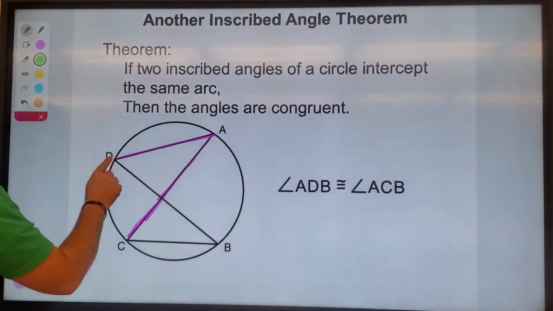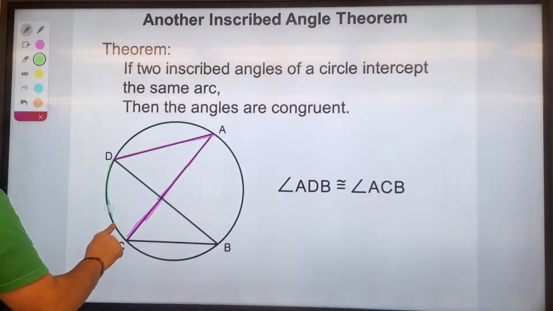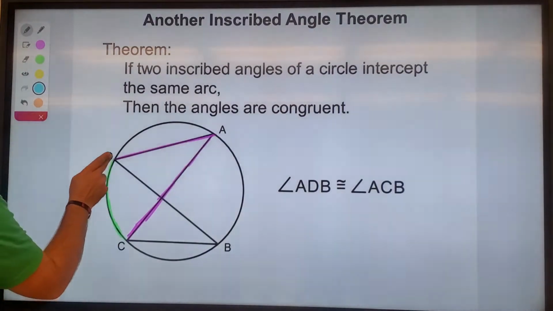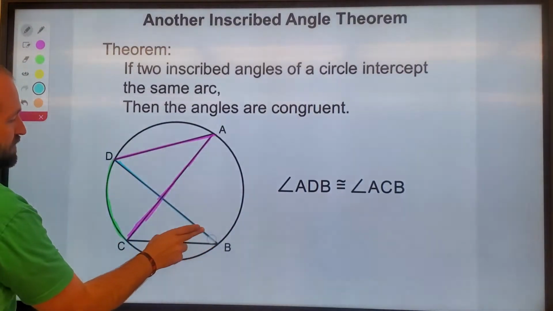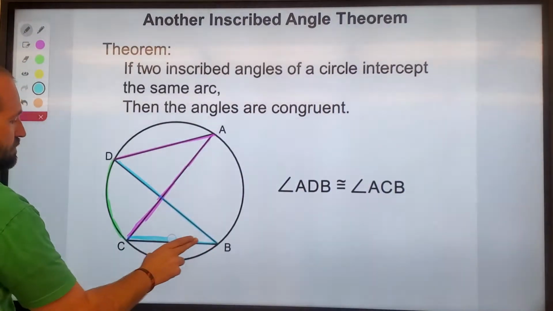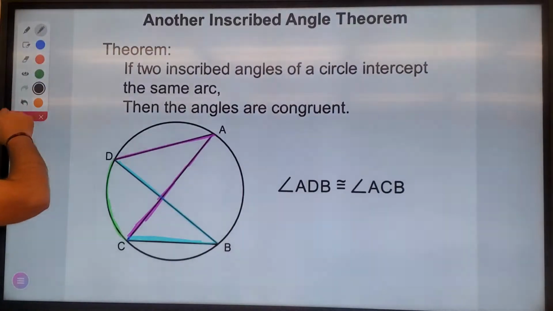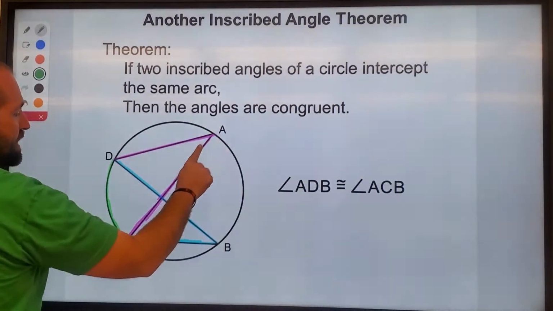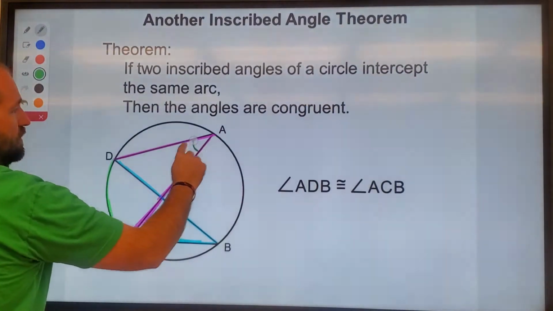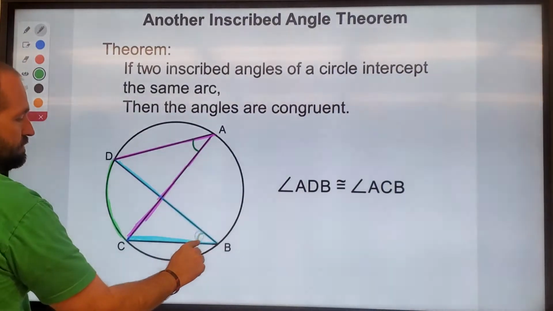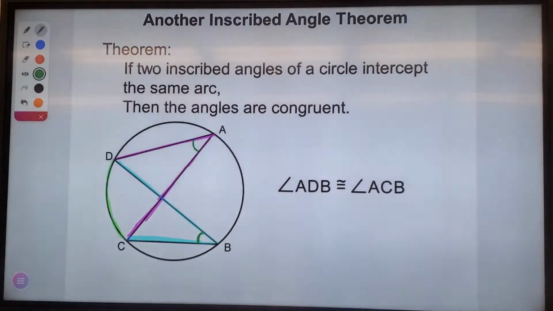They intersect here at CD. But again, I also have this from D to B, and then from B to C as well, which means that in this part, angle DAC, this angle, would be congruent to angle CBD, or this angle. Okay, so again, make sure you pay attention to small details.